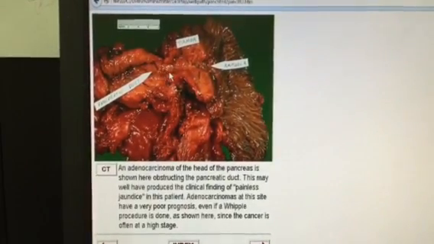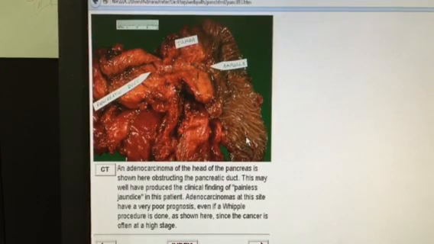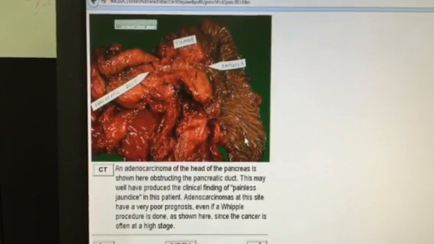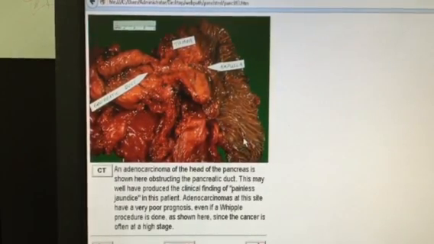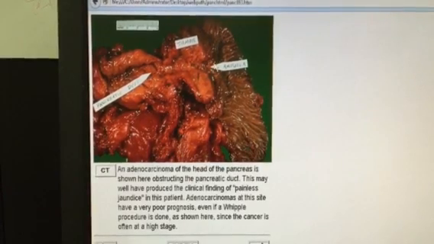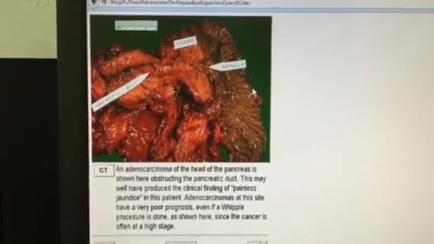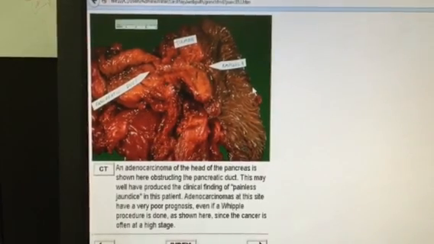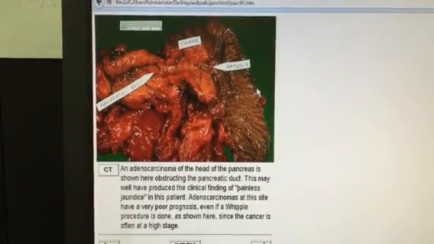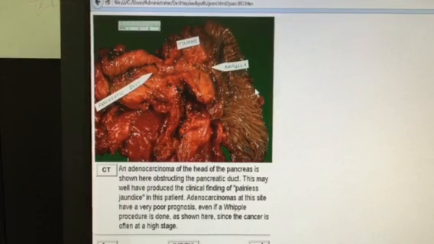This is the pancreas. The most common cause of carcinoma in the pancreas is adenocarcinoma of the head of the pancreas. If there is a carcinoma of the head of the pancreas, it will obstruct the bile or pancreatic duct. As we know, the bile duct comes with the pancreatic duct and joins at the ampulla of Vater.